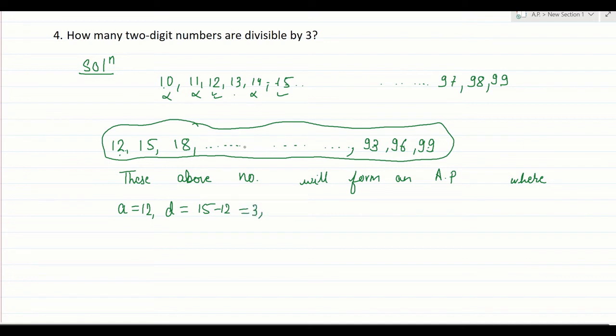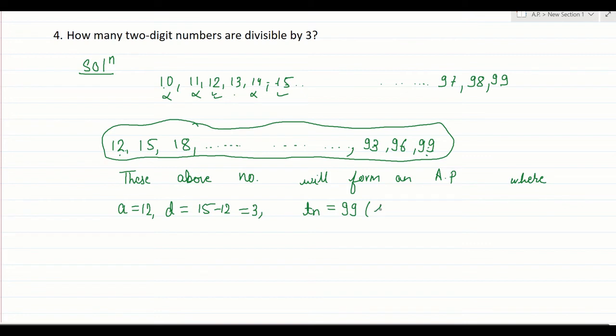Now we need to find out how many two-digit numbers there are, meaning altogether how many numbers are present over here. For this purpose, we consider the last number 99 as Tn. So Tn is equal to 99.